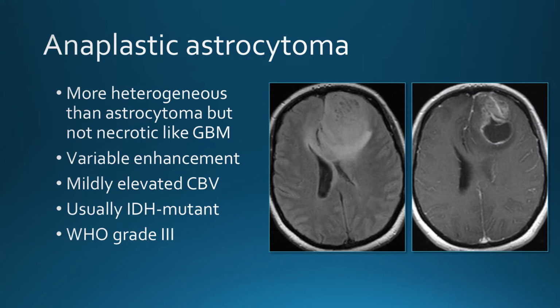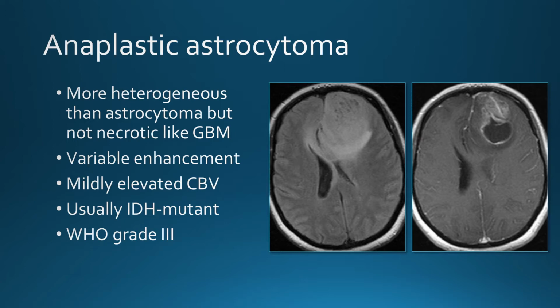There's also an anaplastic variety of astrocytoma. It's a little more heterogeneous than the standard astrocytoma, but it's not necrotic like a GBM. It may have some contrast enhancement. The cerebral blood volume may be a little bit elevated. Again, this is IDH mutant, and this is WHO grade 3.